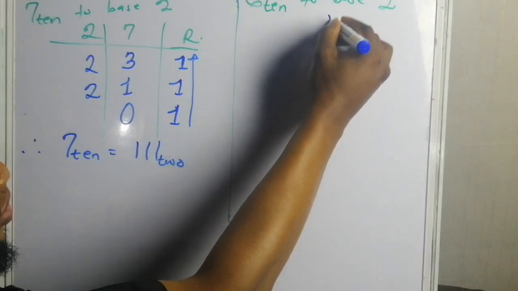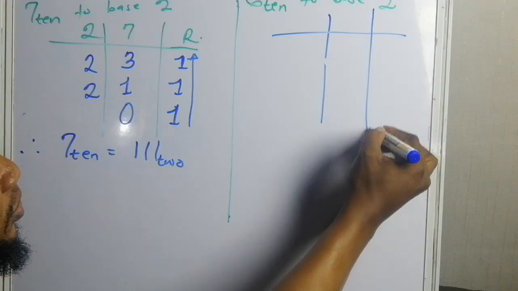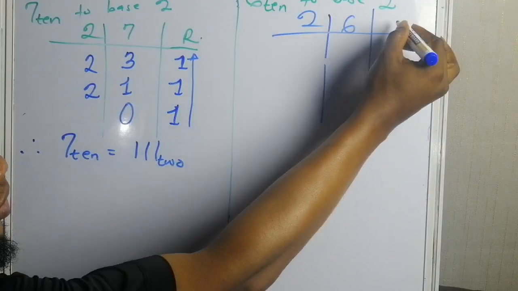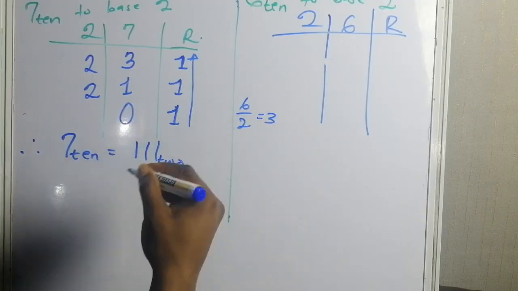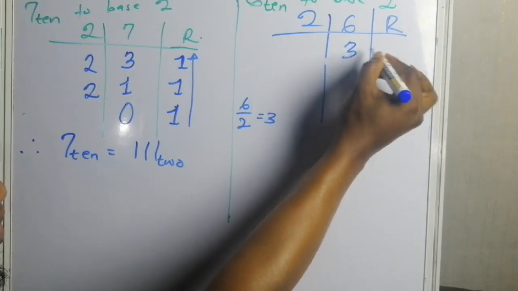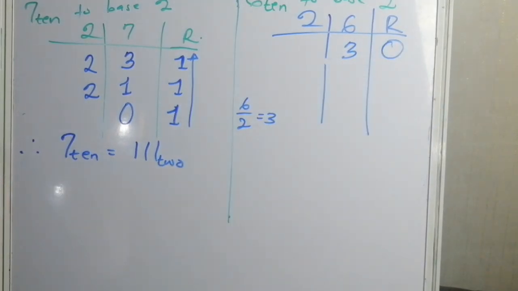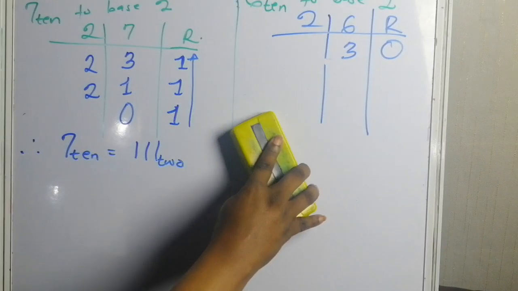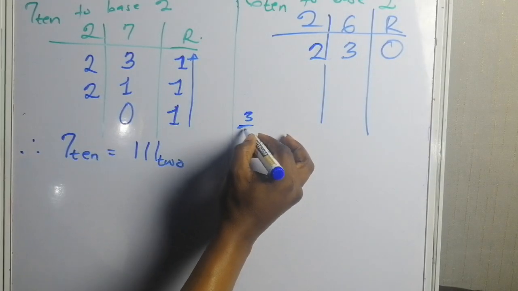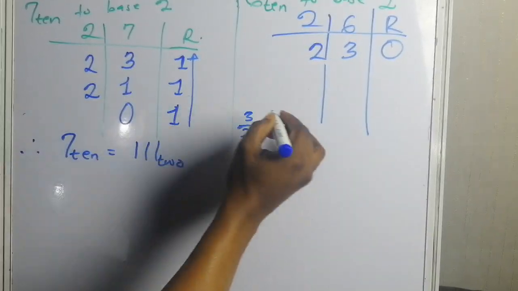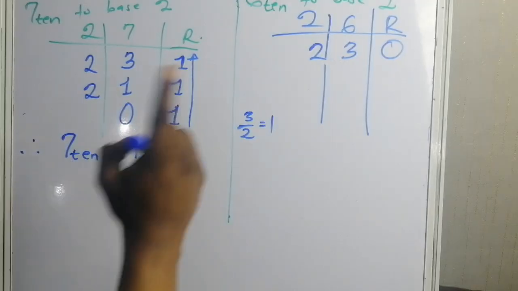So quickly, we can do this. That's 6, 2. Then we have the remainder. 6 divided by 2 is 3. It's not remaining anything. So this is 3, remainder 0. It's a perfect division. The next one, we have another 2 to divide. That's 3 divided by 2. It can only go one time. It will remain 1.